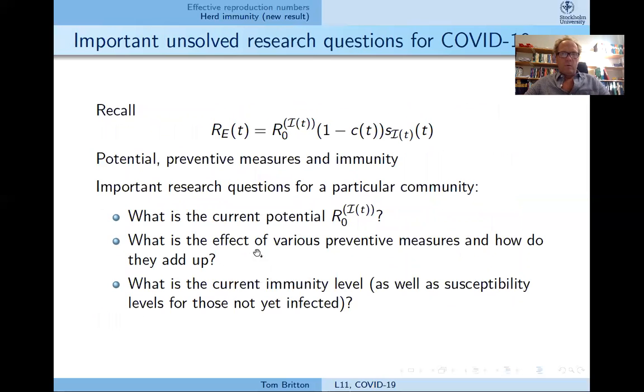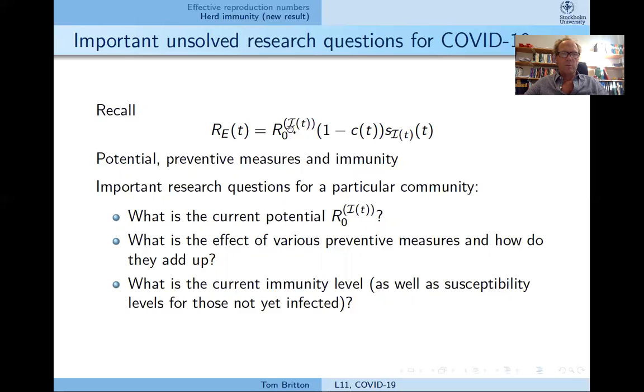So to end up, some important research questions for COVID-19. I think this is a good formula: the current effective reproduction number is the average number of infectious contacts that those who currently have been infected would infect, multiplied by the effect of their preventive measures, multiplied by the fraction that is susceptible among those being contacted from the current group of infectives.